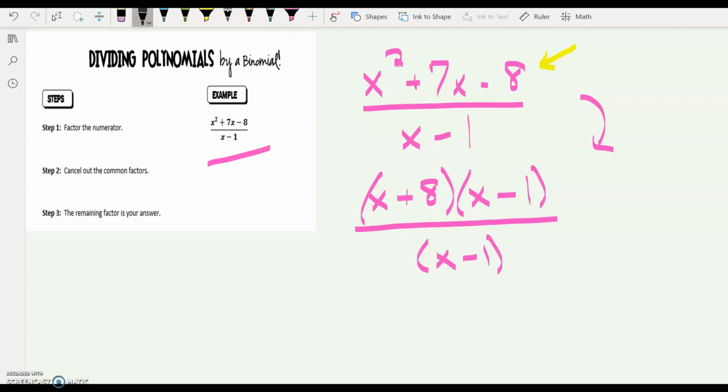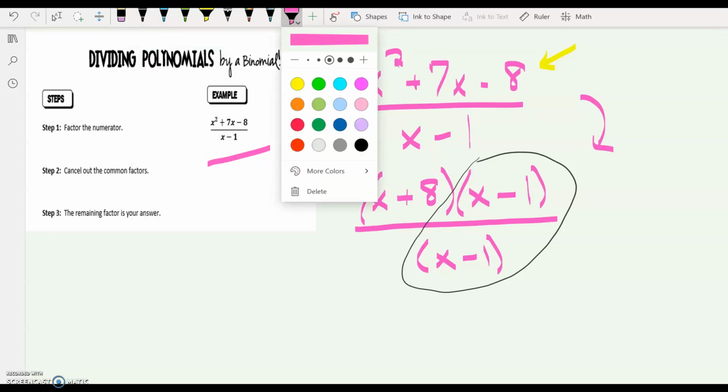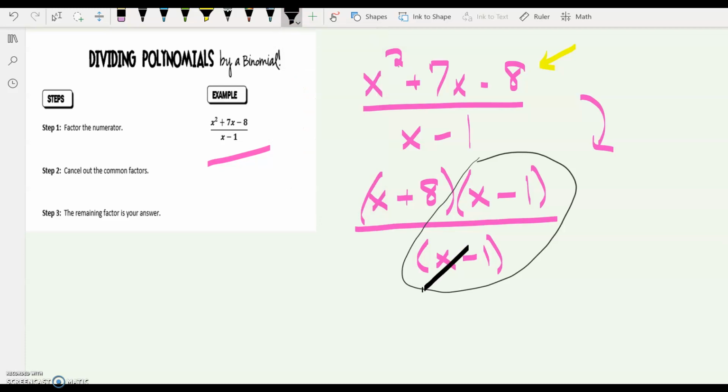And what I want you guys to see here is that when we're dividing by a binomial, we actually have the same binomial in the numerator and denominator. So we are able to simplify that down, because that is really just like saying x minus 1 over x minus 1 is equal to 1. So our final solution here is just x plus 8.